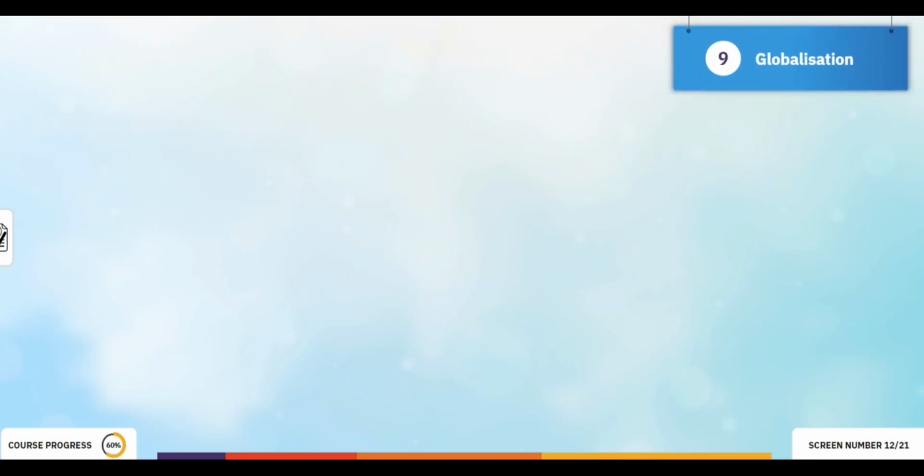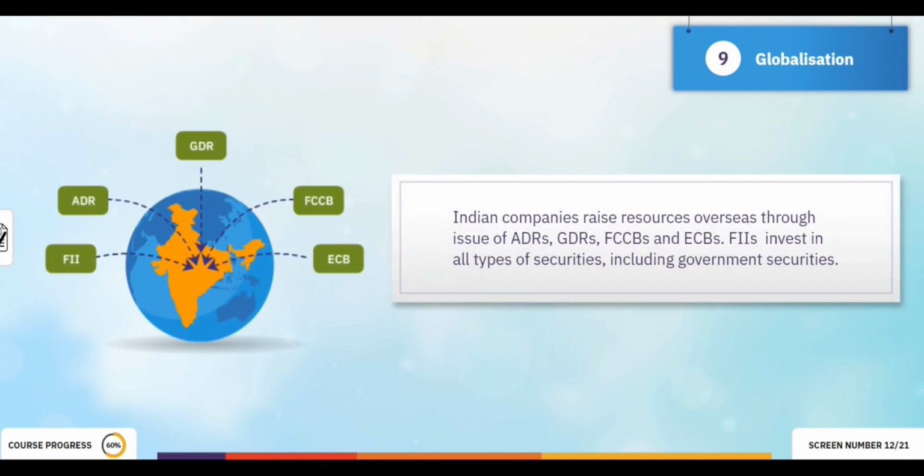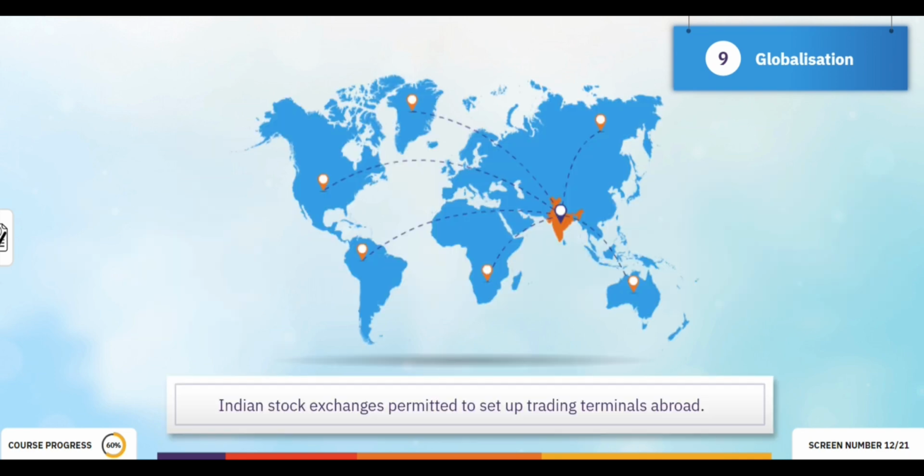Principal Reform Measure 9 is globalization. Exchanges have been permitted to set up trading terminals abroad.